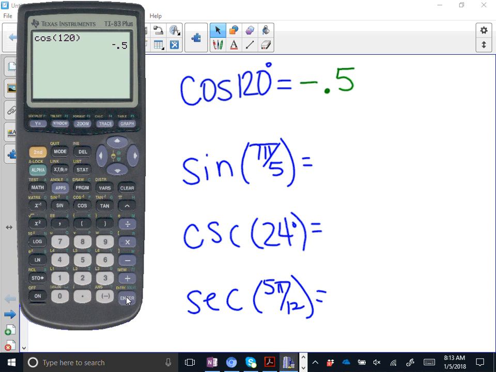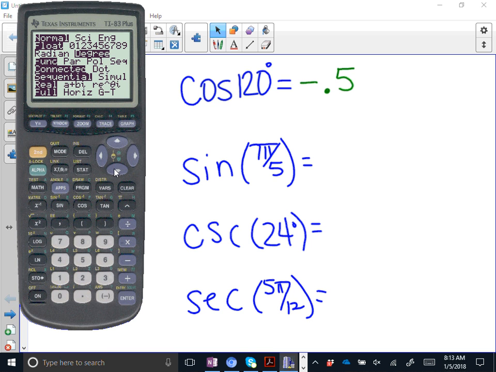sine of 7 pi over 5. Can I type that in right now? No, we are not in radian mode, and 7 pi over 5 is a radian measurement. So we need to go back to mode and select radian.